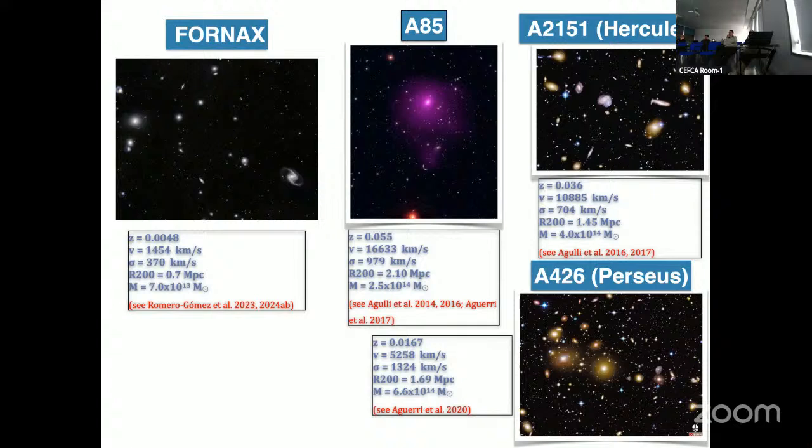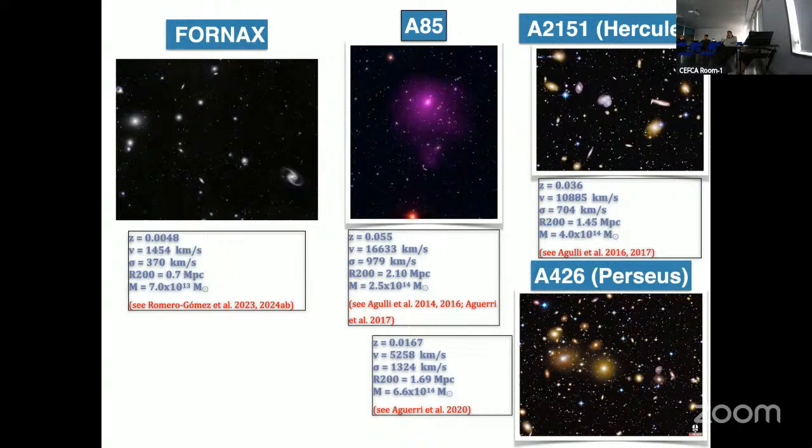Here we have, for example, the Fornax cluster, which is a very close cluster. More than a cluster it is a group, because the velocity dispersion sigma of the cluster is just 370 kilometers per second, and the mass of this group is 7 times 10 to the 13.